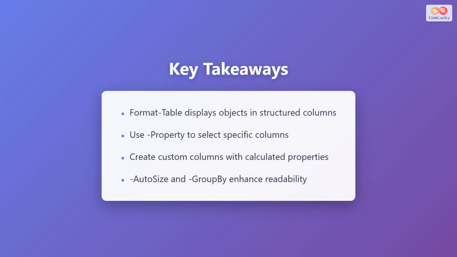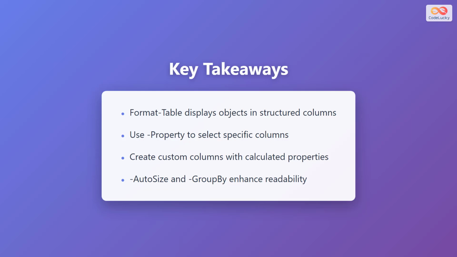Let's recap what we've learned about Format-Table. First, Format-Table displays PowerShell objects in structured columns, making complex data easy to read. Second, use the -Property parameter to select specific columns and control what information appears in your table. Third, you can create custom columns with calculated properties using hash tables, allowing you to rename columns and transform values.